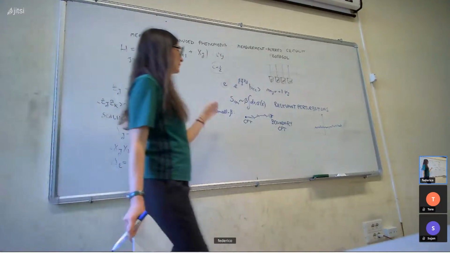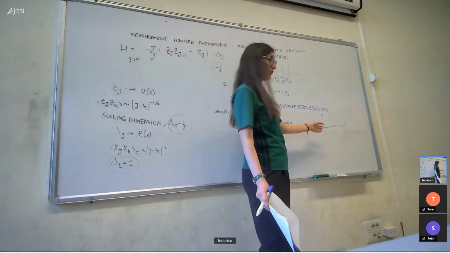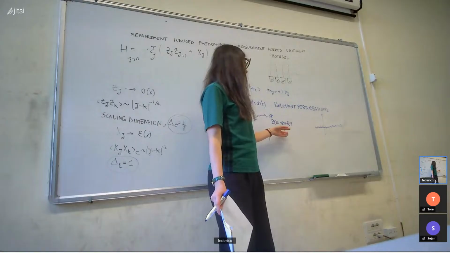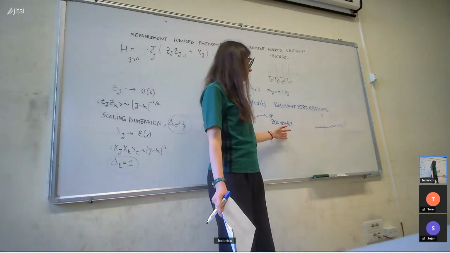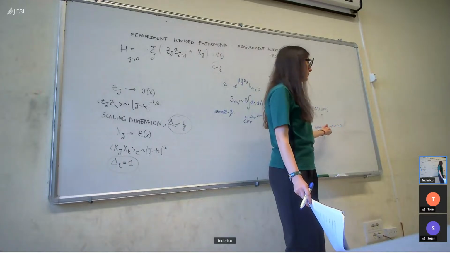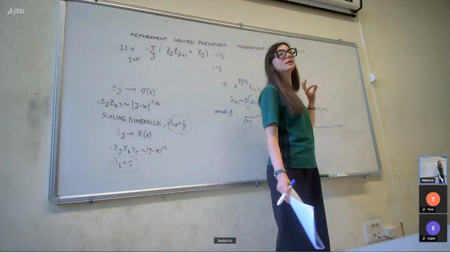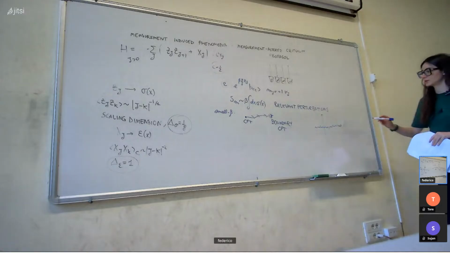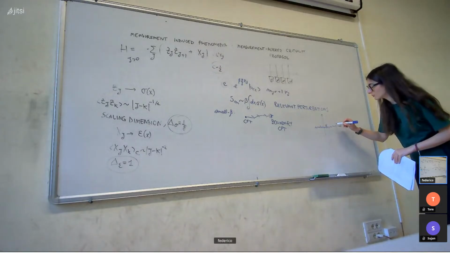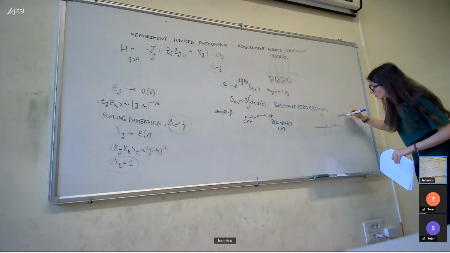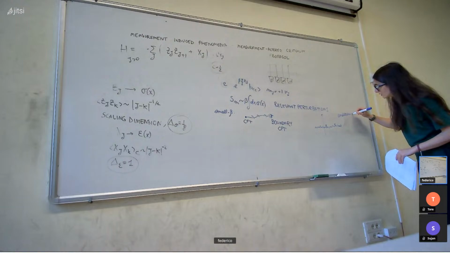So basically, in the small beta regime, we map the problem of measurement to a problem of boundary conformal field theory, where we ask about the decay or behavior of the correlation function along the boundary, because we want to fix the correlation function between this point and this point. So correlations along the boundary.